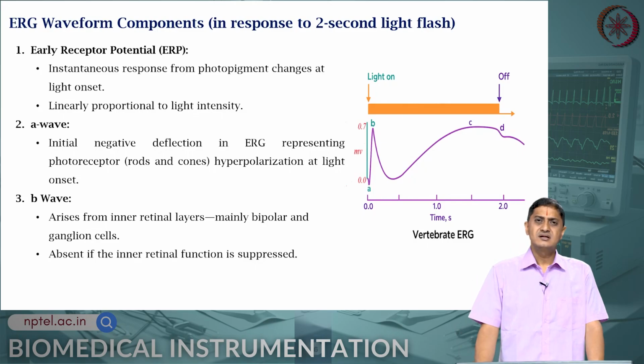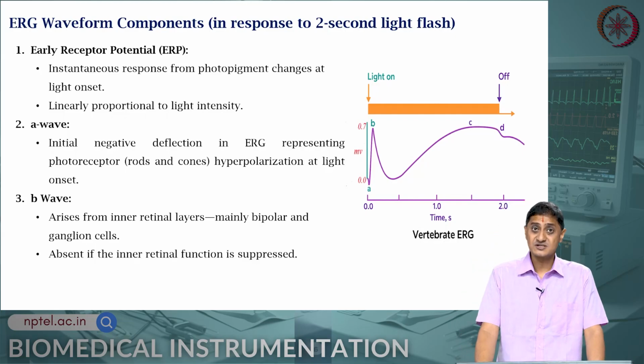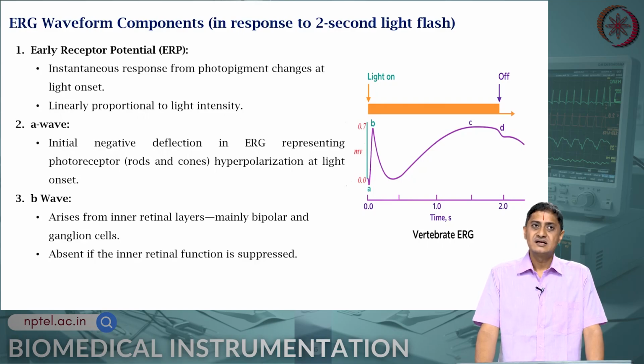And unlike EEG and EMG, which do not have any specific form, and similar to ECG, which has a specific form, recall ECG has this typical PQRST wave. Similar to that, ERG waveform has specific components, like you have an A wave, you have a B wave, like you have the PQRST wave in ECG, you have the ABCD wave in ERG.